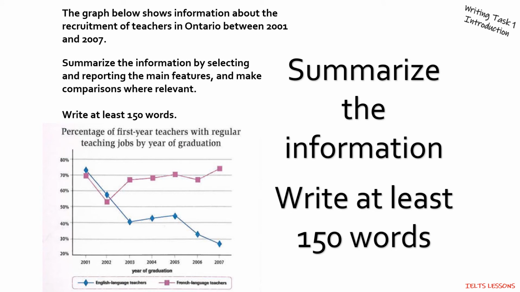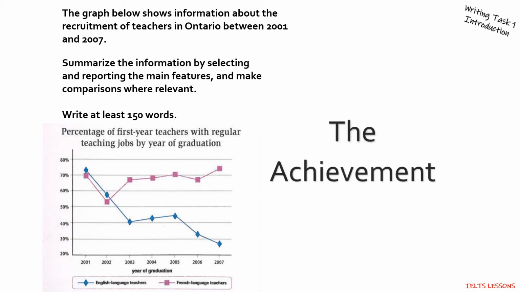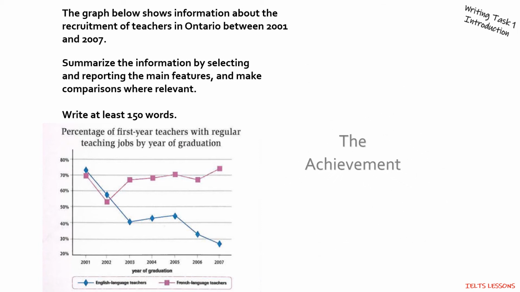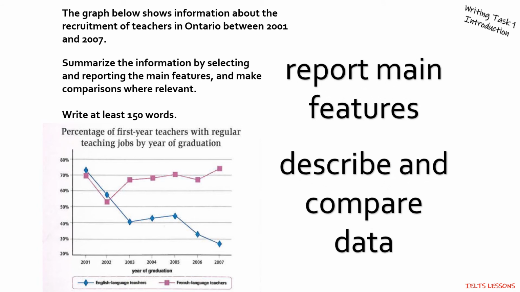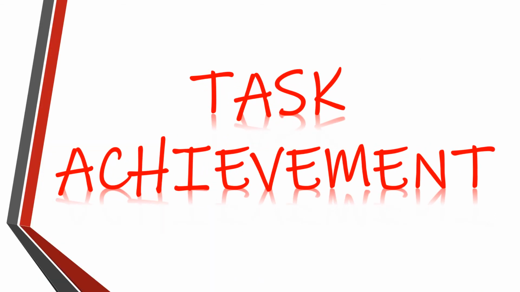So it could be line, bar, pie, etc. And the summary must have at least 150 words. And to achieve this, we must report the main features, describe and compare the data. So that is why this is called the task achievement.